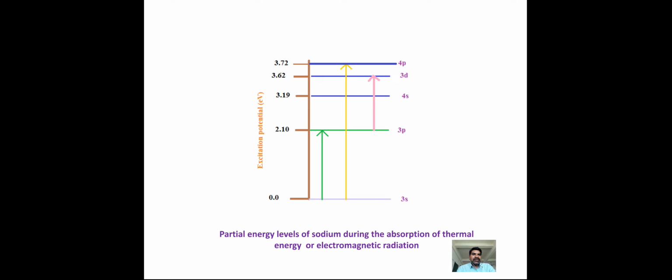So these energy levels are characteristic for a particular atom. This is the case of sodium. During the absorption of thermal energy or electromagnetic radiation, it shows characteristic electronic transitions: 3s to 3p, 3s to 4p and 3p to 3d.